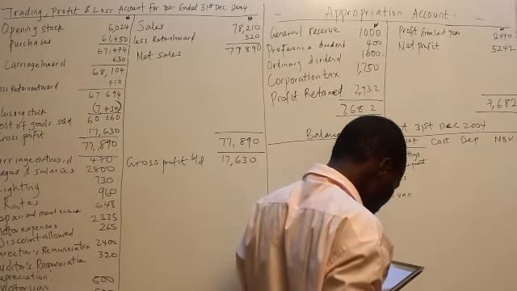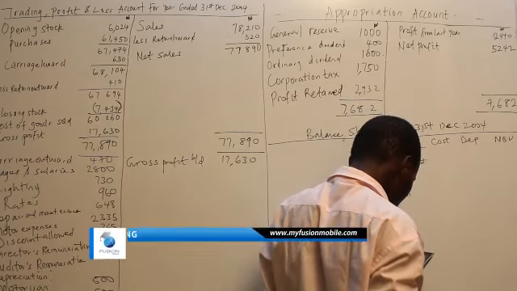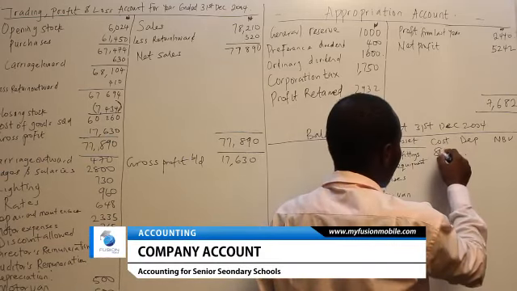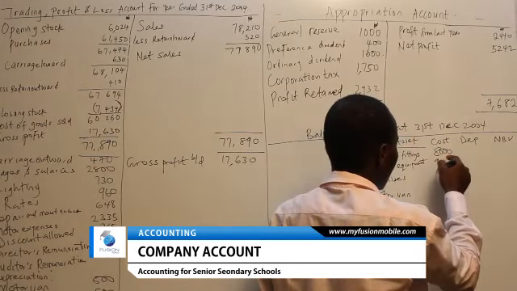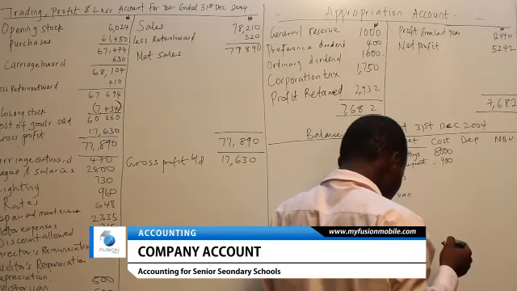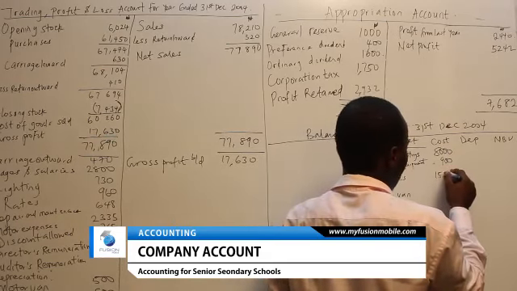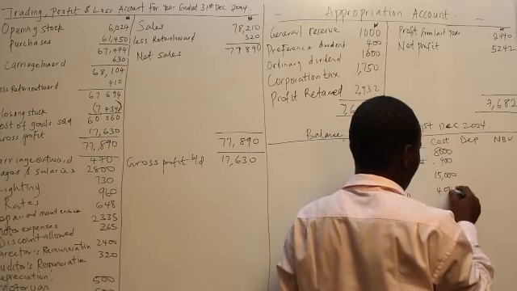Provision for depreciation. Okay, costs. What are the costs? We have 8,000 naira, we have 900 naira, so we have 15,000 naira, and 4,000 naira.